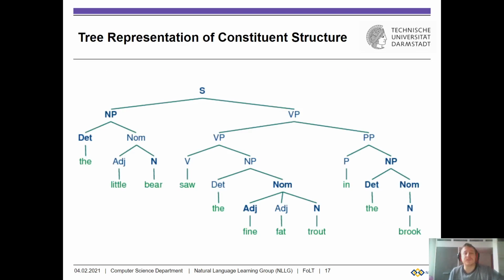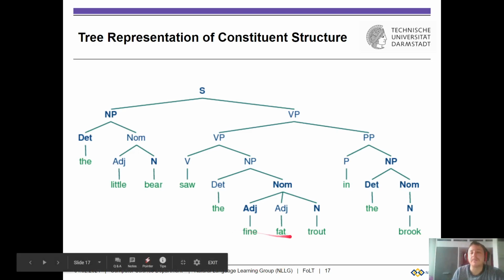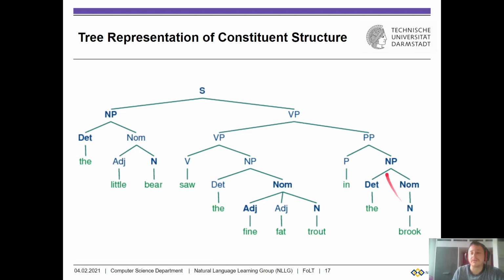And as we've already seen in the previous slide, a sentence can be broken into different constituents, and these constituents in natural language processing are then referred to as phrases, such as noun phrase, preposition phrase, verb phrase, and another verb phrase here.